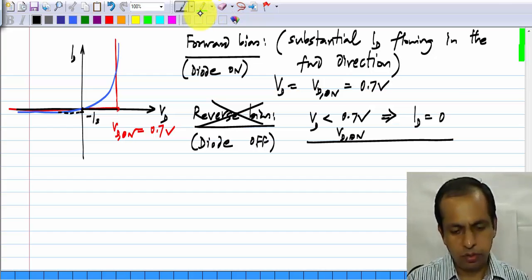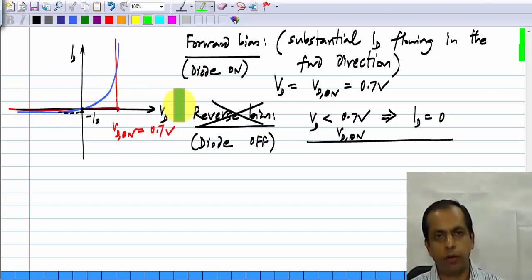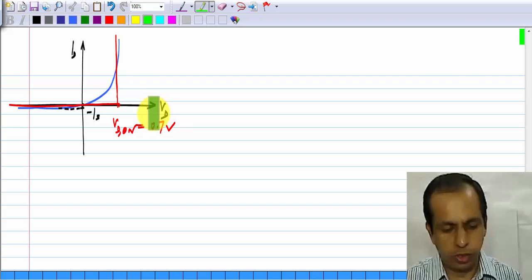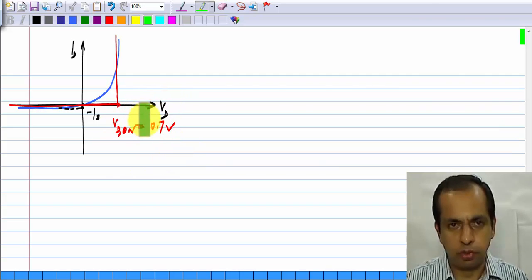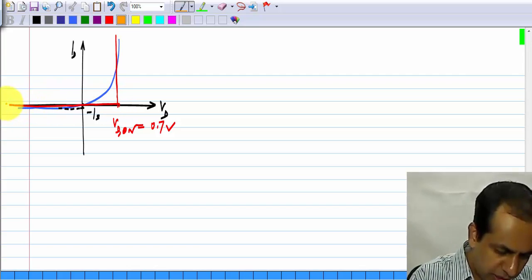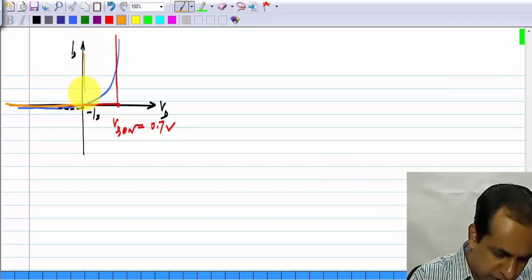Now, this is fine. This is in fact what we will use for our large signal calculations. And there will be some cases where we can approximate this even further. Let us say we have circuits where the voltages are much larger than 0.7 volts, and it turns out that you can approximate this as having 0 current when Vd is negative and having a 0 voltage when there is any current flowing through it.